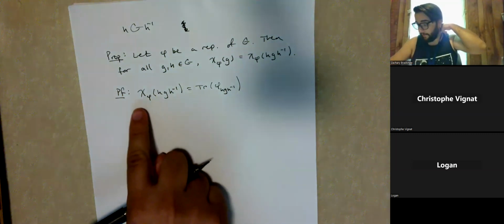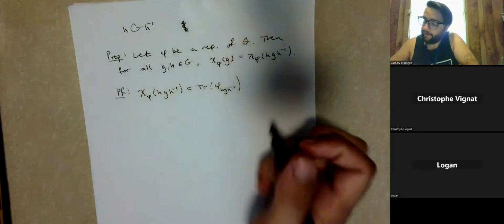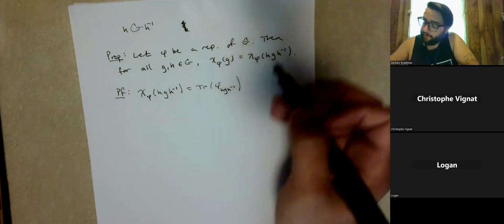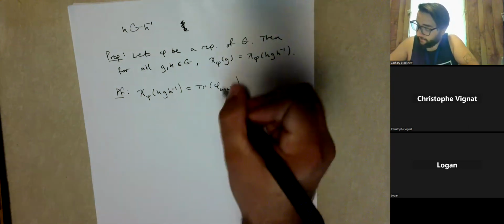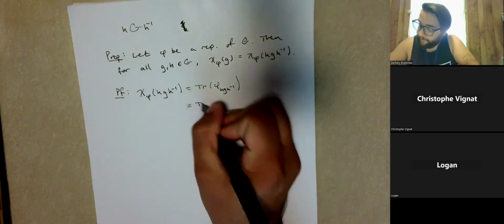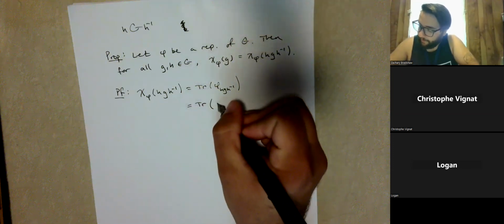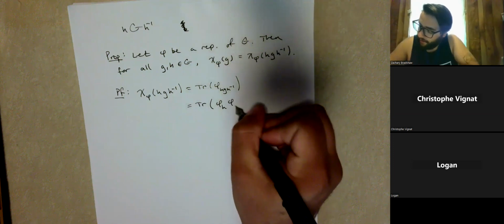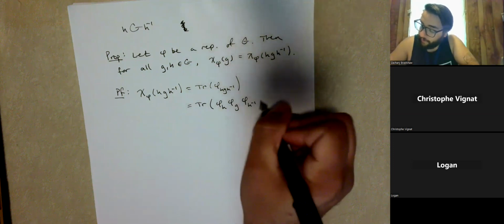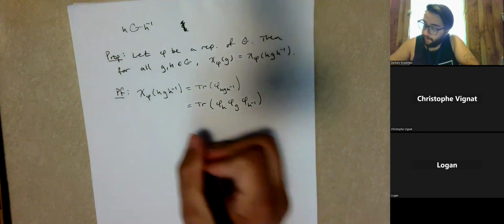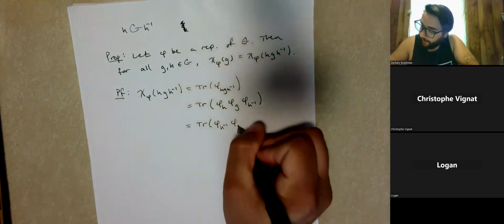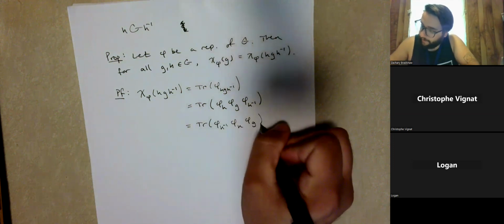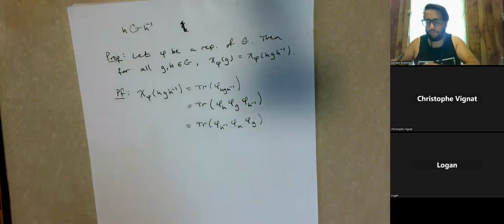So by definition, the character acting on h g h inverse is the trace of phi on h g h inverse. And this phi thing, remember, is a homomorphism. So we can use that property to write this as phi h, phi g, phi h inverse. And this is the trace of phi h inverse, phi h, phi g, by that property, trace AB equals trace BA.